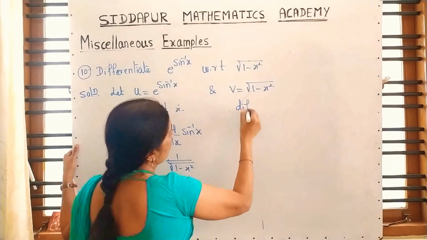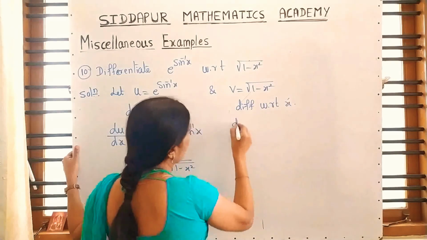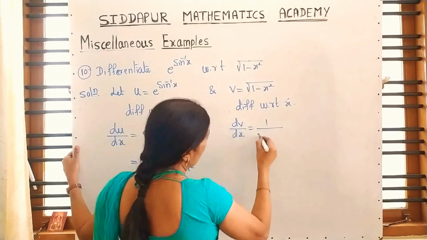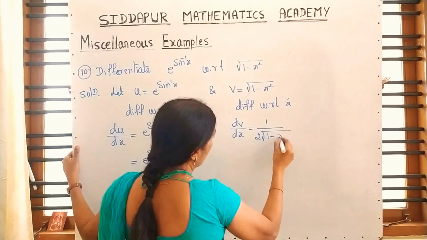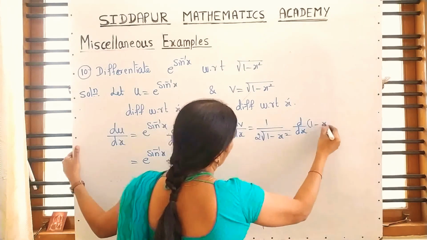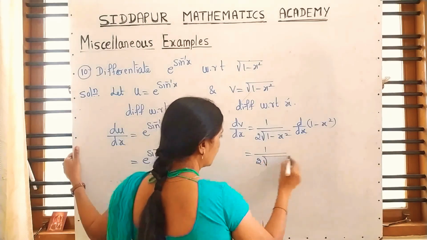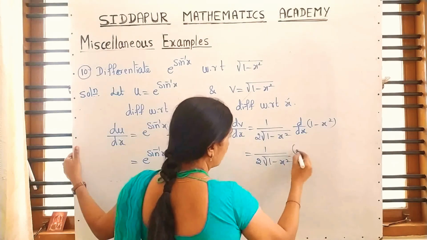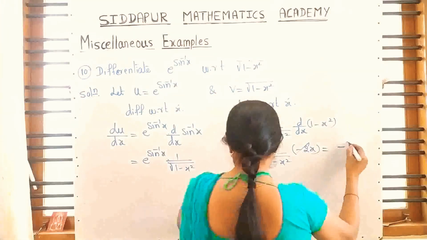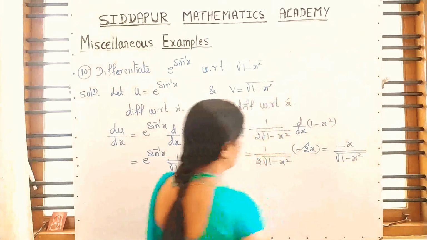And this also we are differentiating with respect to x. dv upon dx is first root, 1 upon 2 root 1 minus x square into differentiation of 1 minus x square. That is minus 2x. 2 gets cancelled. Minus x upon root of 1 minus x square.